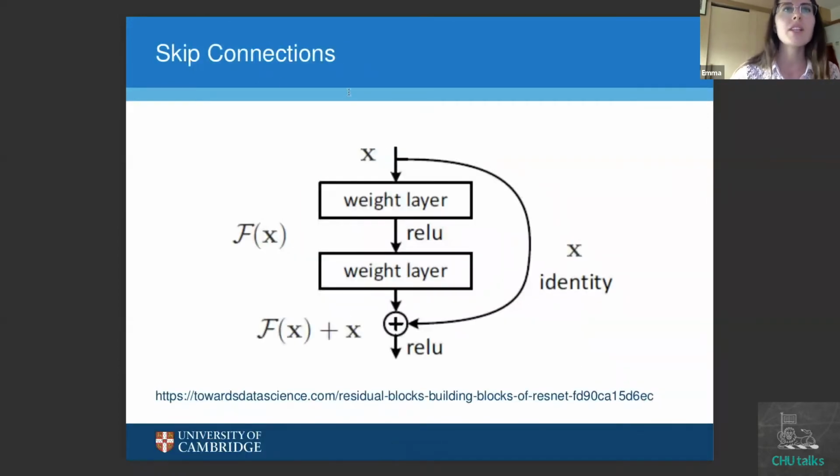The next thing I'll mention is these things called skip connections, which have become quite popular in recent years in the machine learning literature, because they tend to help you to train models quicker. But that's not really the reason why we're using them. So neural networks will contain these weight layers which are stacked one on top of the other.